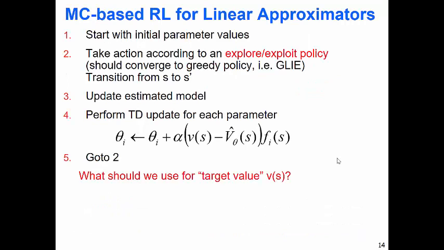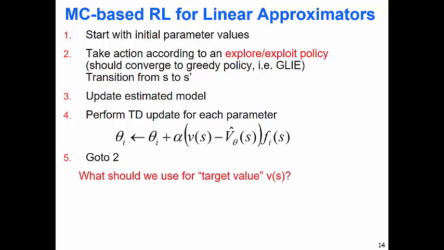So if you just go with that, you could say, well, here's my RL loop. I've got an RL loop. I end up in a state, and the thing that's not specified is what the target value is, right? So do you have any suggestions for what that target value should be?